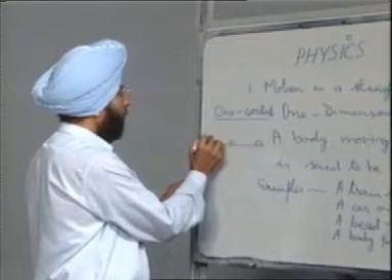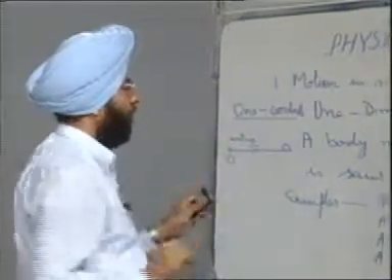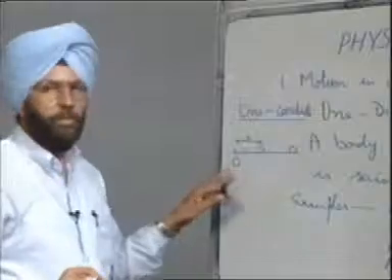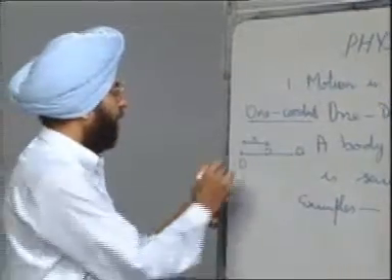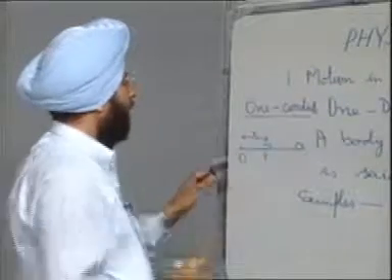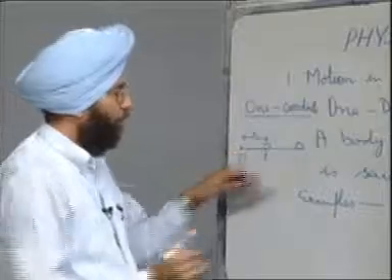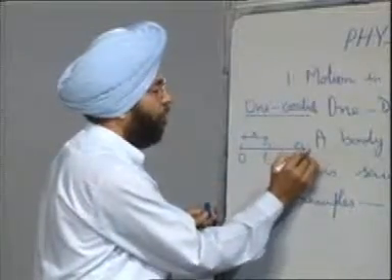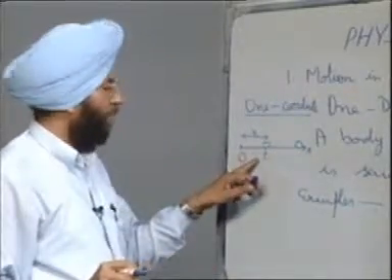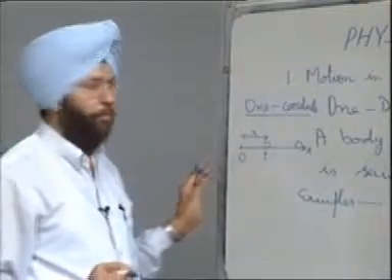So, if we know its position along the x axis, then the position of the body is fully defined. We can say at a time t, the body is at a distance x from O along the x axis. So, if we know its x coordinate, we know its motion completely.